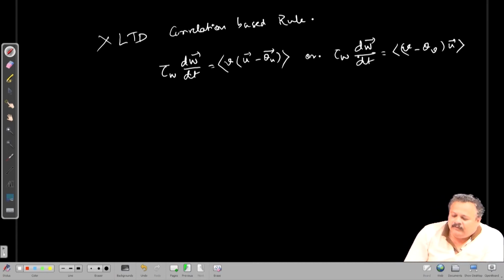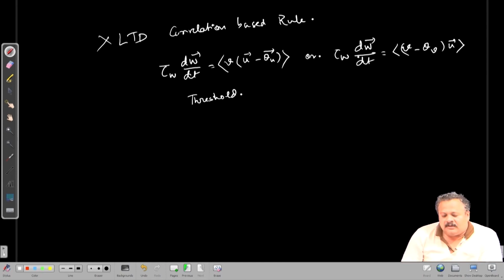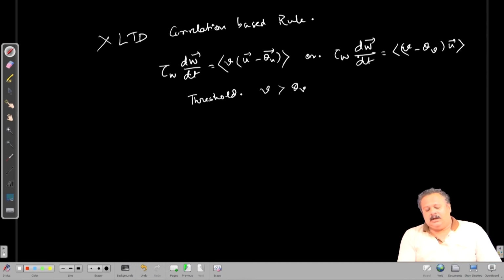Okay. So, what we mean here is that we are introducing a threshold. Threshold in the sense that when the activity V is above or greater than theta V, in that case we have potentiation.